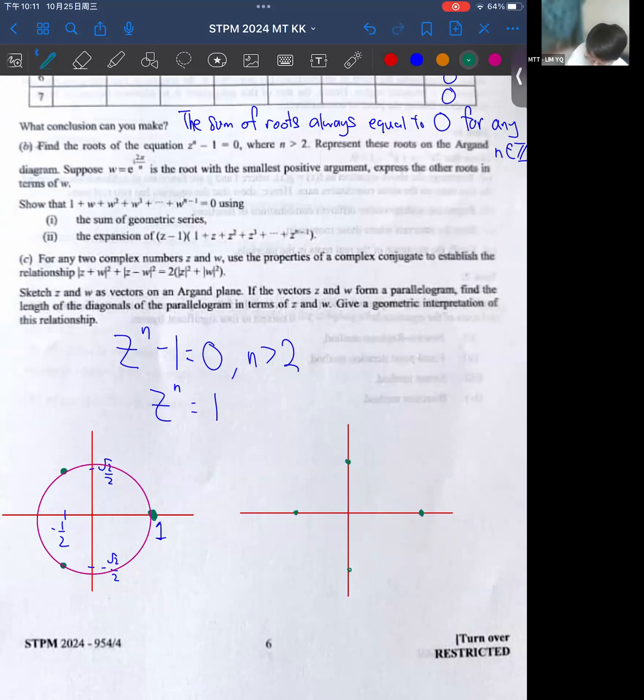Last time I mentioned another conclusion, remember? All of them can form a regular polygon, actually the vertices of a regular polygon. But if you use another word, you say all of them lie on the unit circle, that also works. So this is another type of interpretation you can make.